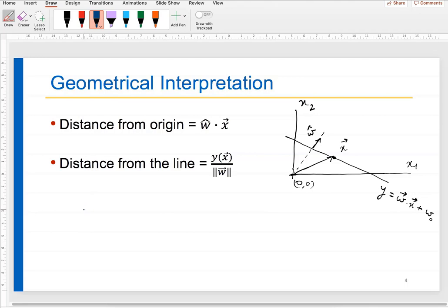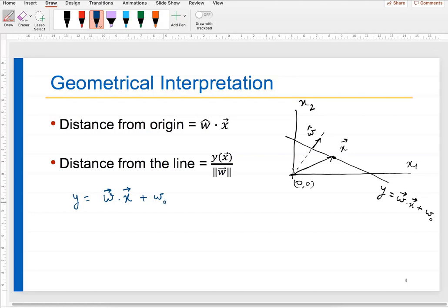Let's say I give you y, where y is a scalar. It is either greater than 0 or less than 0, for the two classes. Y is equal to w vector dot x vector plus w naught.